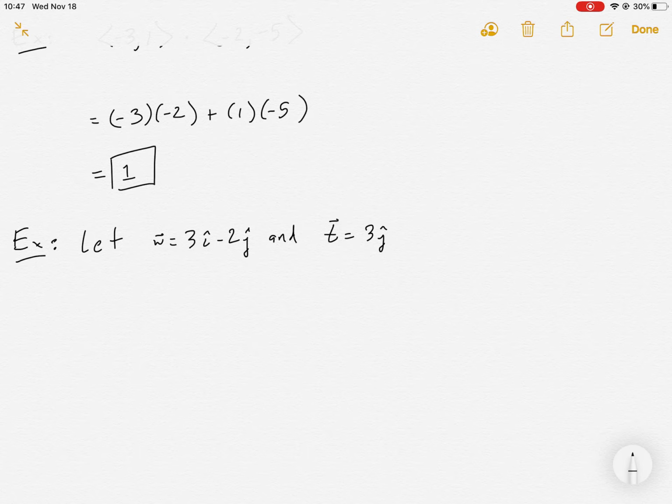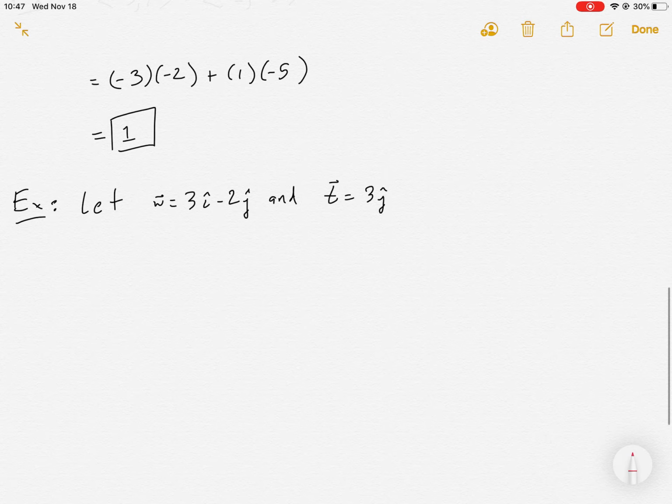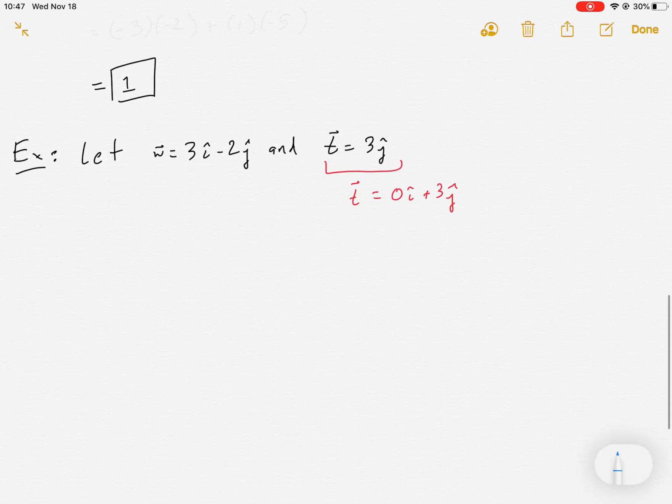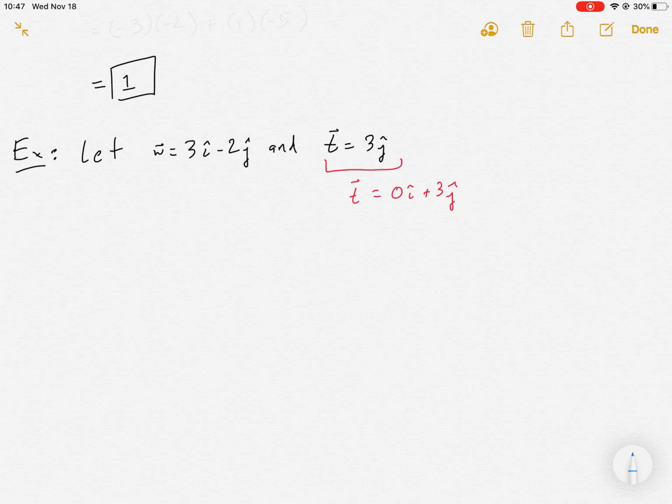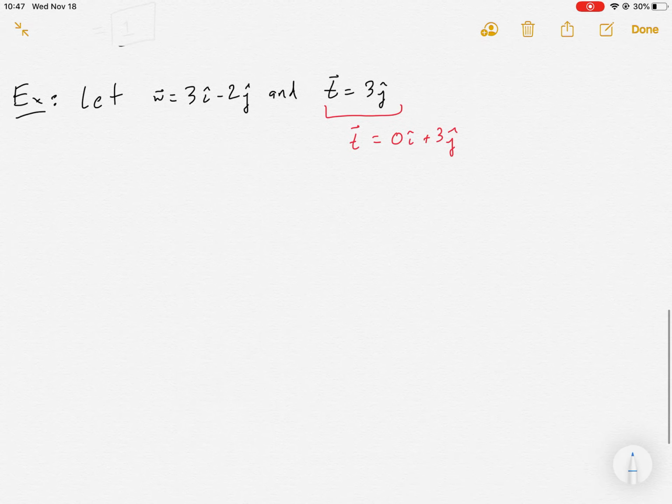Now if you dot these vectors, notice first of all I've left off a piece of t. If we were to write this out completely, we could say it's 0i hat plus 3j hat. In order to do this, we would just match up the components. So i hat goes with i hat.